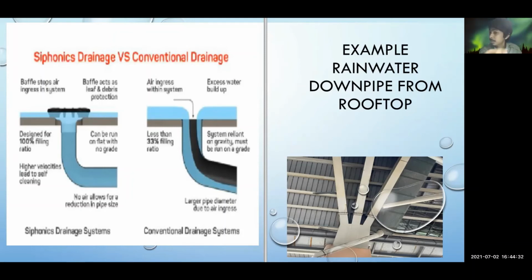So in the siphonic system, the rainwater fully flows inside the pipe. You can see here based on the picture.